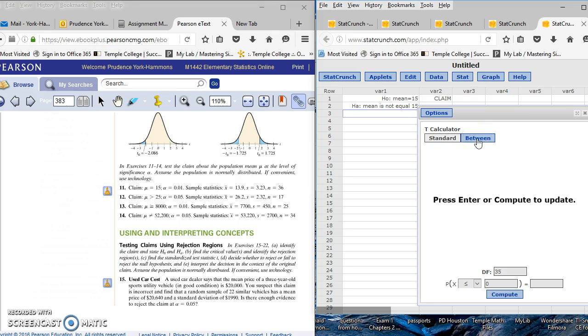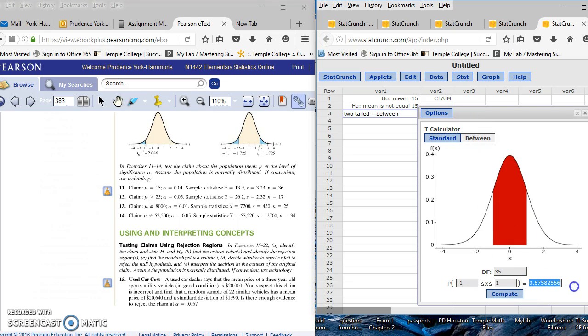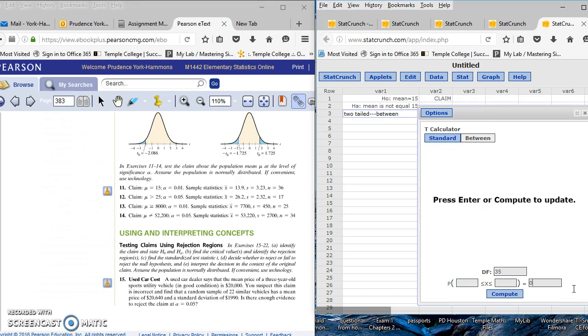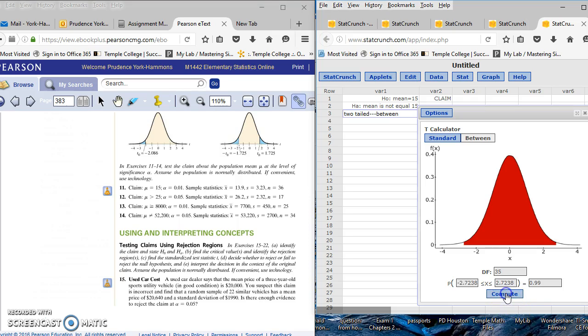Since it's not equal, that means that it is a two-tailed test, so I have to use the between, and I have to take 1 minus alpha, in this case 1 minus 0.01, which is 0.99, for my area to find the critical values.